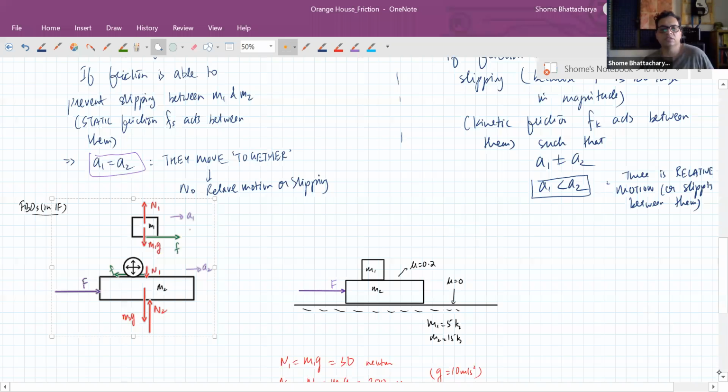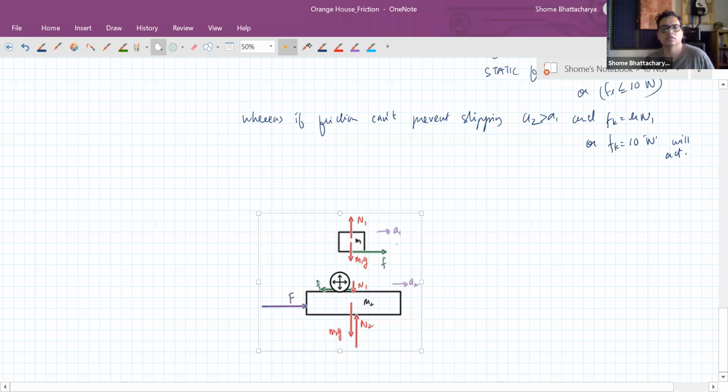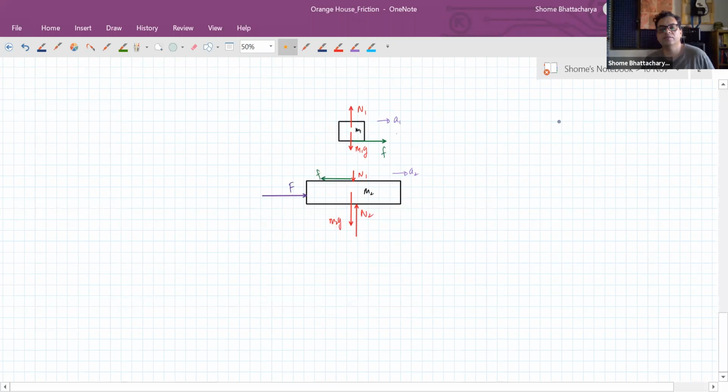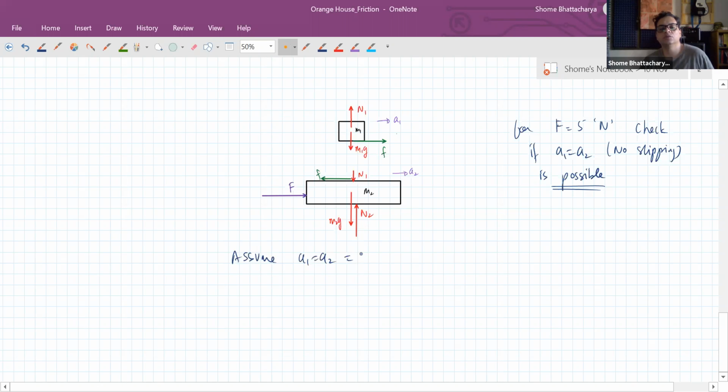So in this diagram what we have to understand is that for F is equal to 5 newtons, you have to check if A1 equal to A2, that is, no slipping is possible. So how to check that? Let's understand that. Assume A1 is equal to A2, equal to some A, suppose. That is no slipping case.